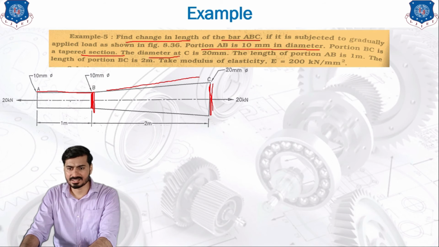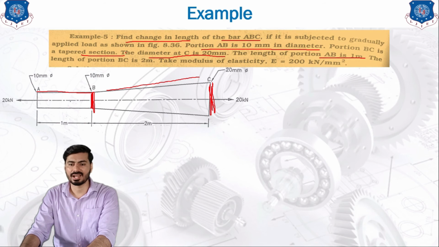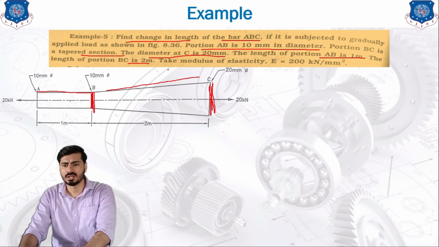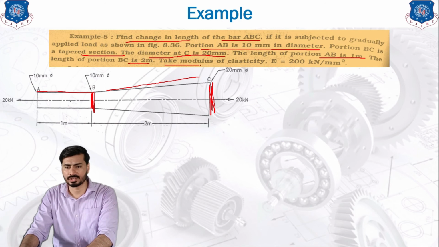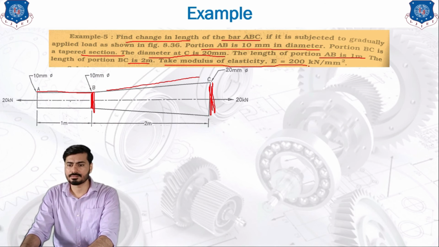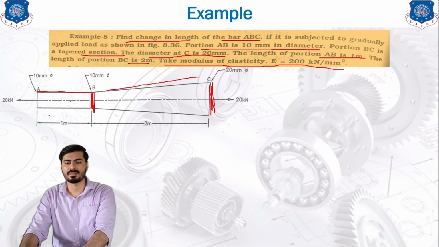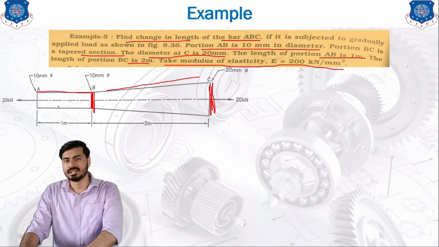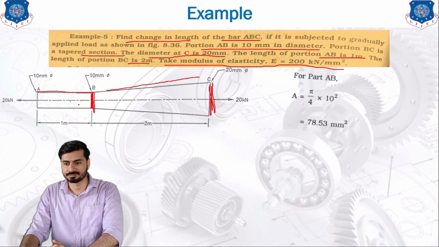The diameter at C is 20 mm. The length of the portion AB is 1 meter and the length of the portion BC is 2 meter, which is also given in the figure. You can take that data from the figure also. Take the modulus of elasticity as 200 kilonewton per mm square, which means that the entire bar is made up of the same material. There is no mixture of materials.